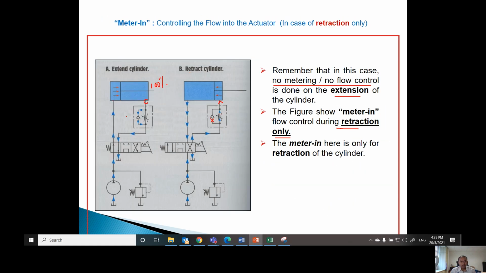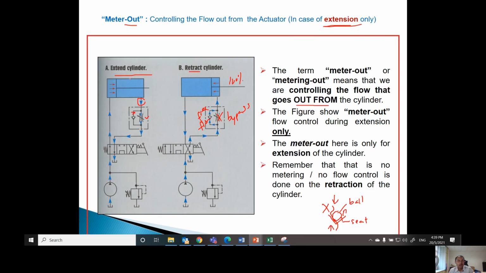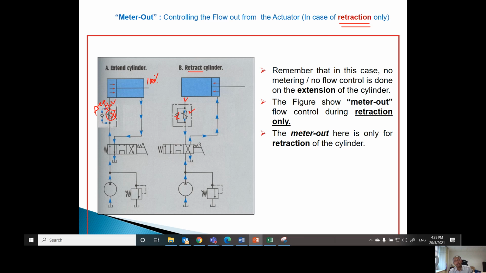Okay, so I can understand if it's a bit confusing for you between meter in and meter out, but first you have to understand the basic definition of meter in and the basic definition of meter out. And then if you already understand that, you can see how you apply meter in during extension only, how you apply meter in during retraction only, and also how you apply meter out during extension only, and how you apply meter out during retraction only.